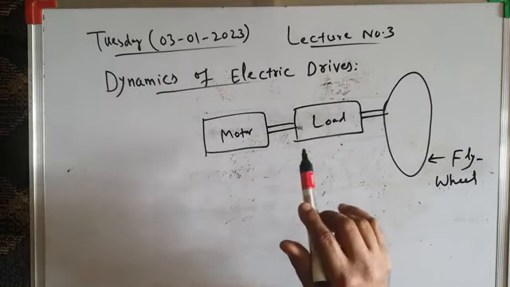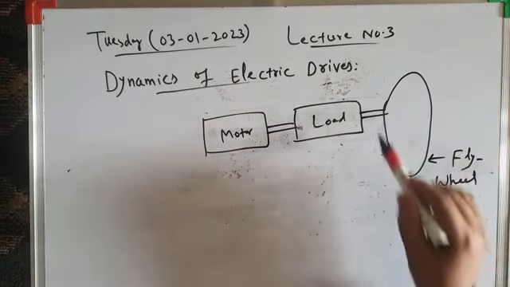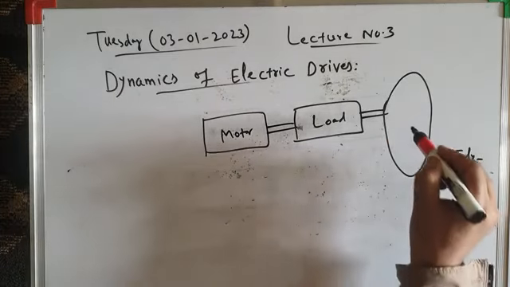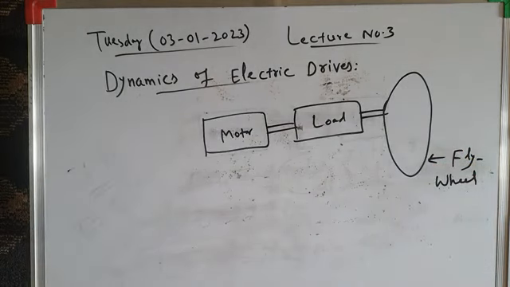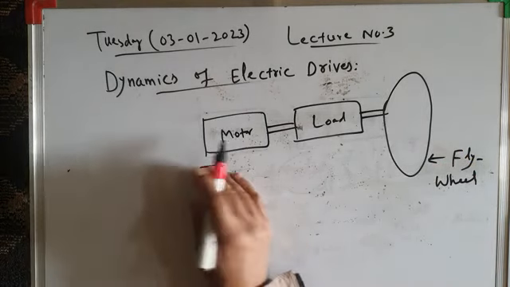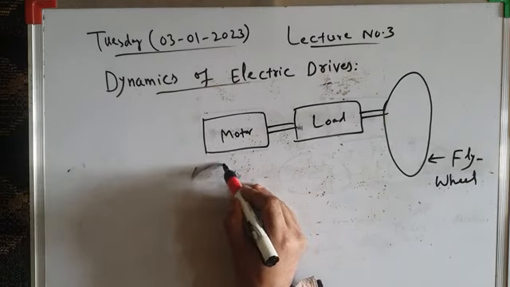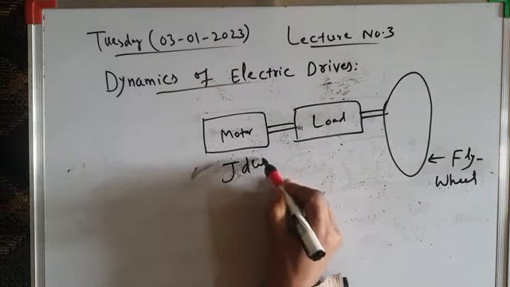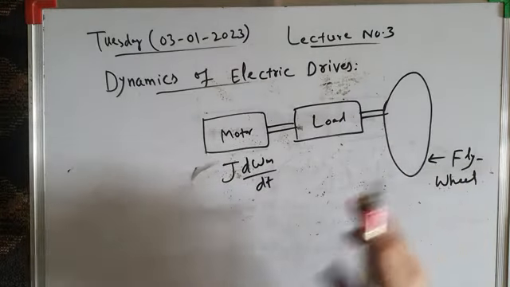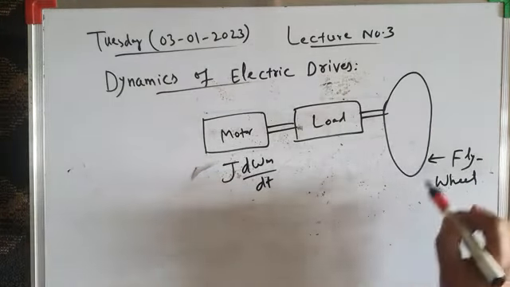So the motor runs at no load or at light load, and it causes the flywheel also to accelerate. During acceleration, the energy is stored in the flywheel. The inertial torque is J d omega m by dt. The flywheel is accelerating, its speed is increasing, and it stores the kinetic energy.